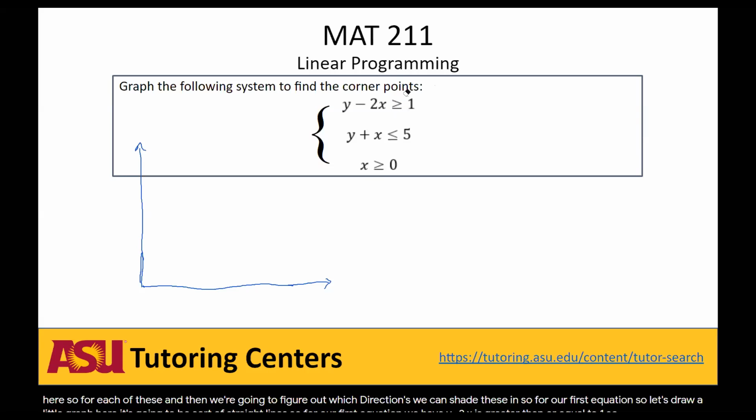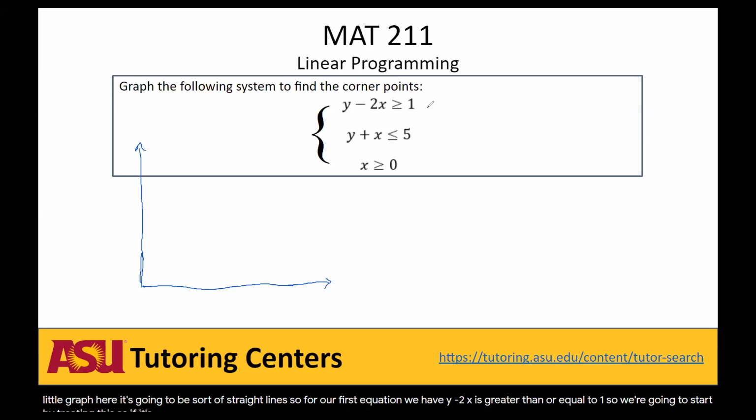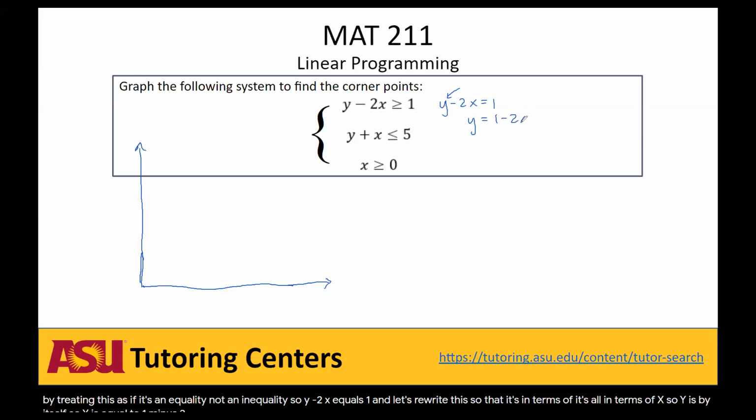We're going to start by treating this as an equality, not an inequality. So y minus 2x equals 1. Let's rewrite this so that y is by itself. So y is equal to 1 minus 2x. That's our y-intercept, and that's our slope.